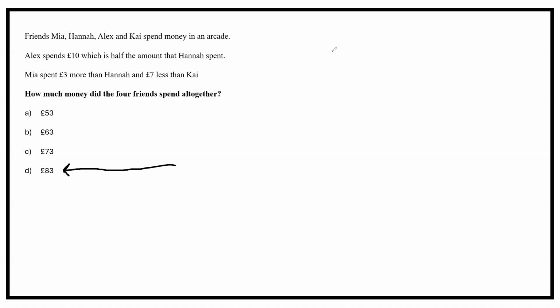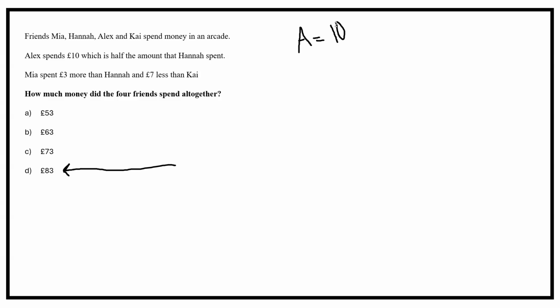So it says friends Mia, Hannah, Alex and Kai spend money in an arcade. Alex spends £10. All right, let's stop there. Alex spends £10, right? So what I'm going to do on this side of the screen is write A equals 10. I know I'm talking about pounds, and I know that A stands for Alex, okay?